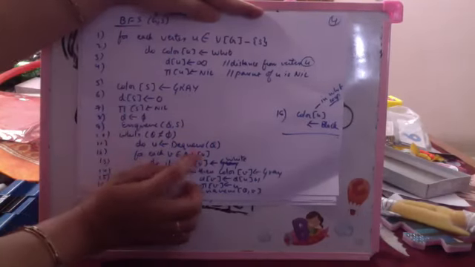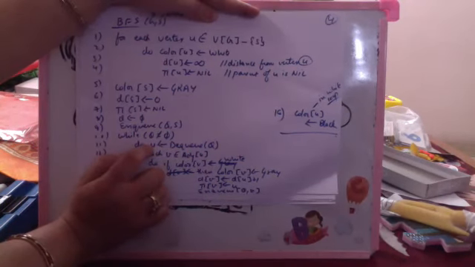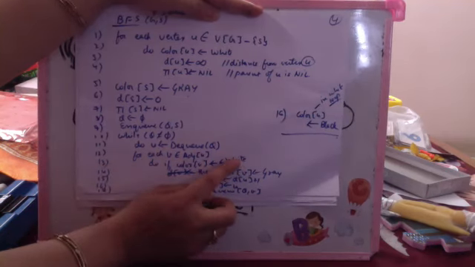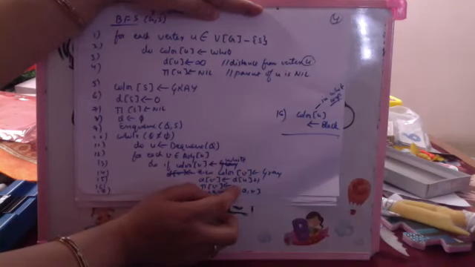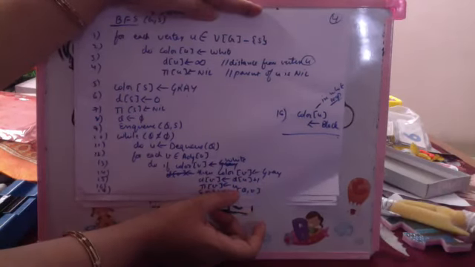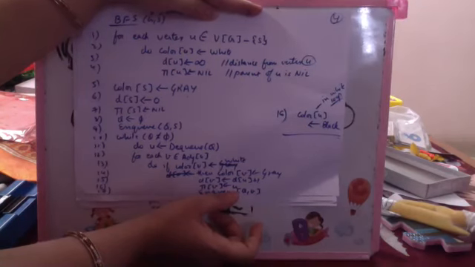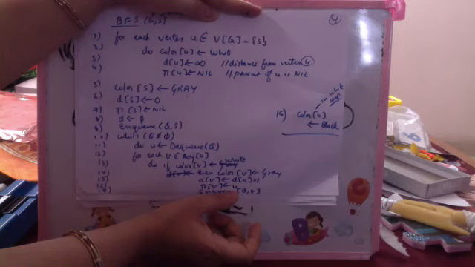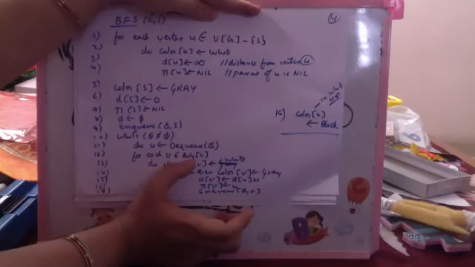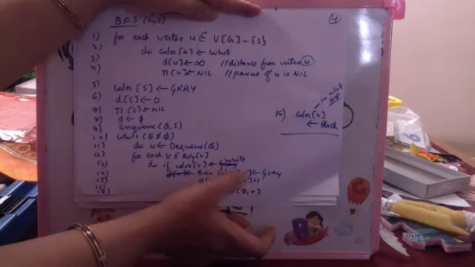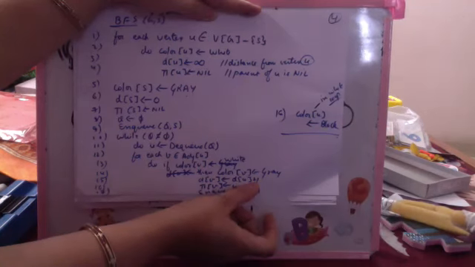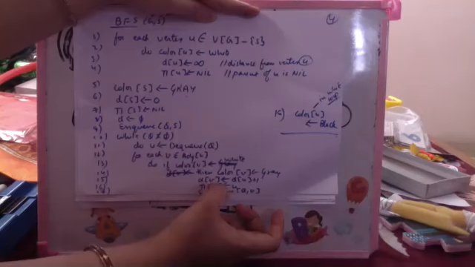What is the procedure? Dequeue, meaning you remove the node from the queue, and for each vertex which is adjacent to you, if the color is white, then color it gray, put it in the queue, make the distance as distance of u plus 1 which is initially 0 plus 1 will be 1, and make the parent of the node as u, since you are reaching the node v from u.